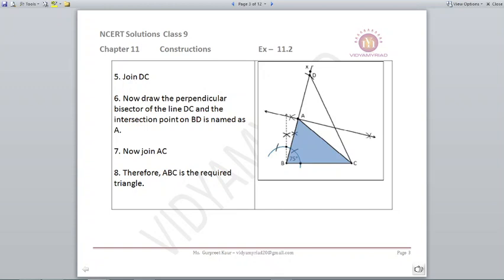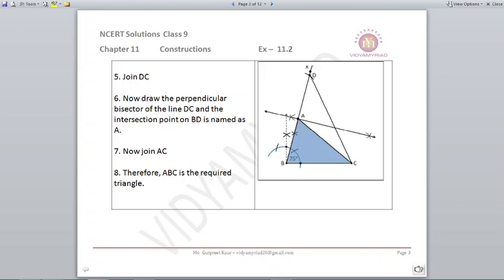When you see the two arcs cut, join that line with the help of a scale, a straight line. Wherever that line intersects BD is known as A, and then join AC. So this becomes your required triangle ABC.